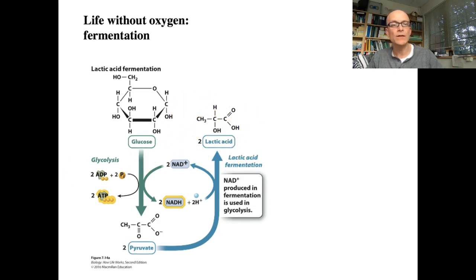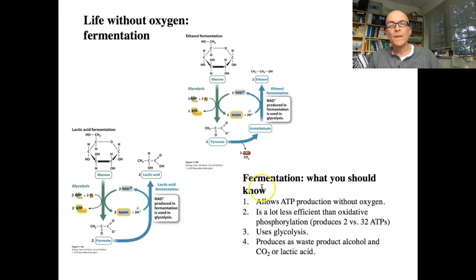So what do you need to know about fermentation? You need to know that there are different kinds. I just showed you the two examples. But what's common to all of them is that it allows ATP production without oxygen. So you have no oxygen, you can still do ATP production, but you can't get nearly as much, right? It's a lot less efficient than oxidative phosphorylation, producing 2 versus 32.